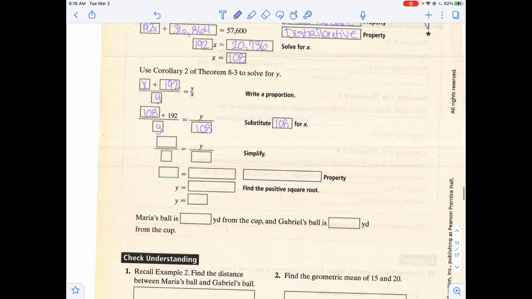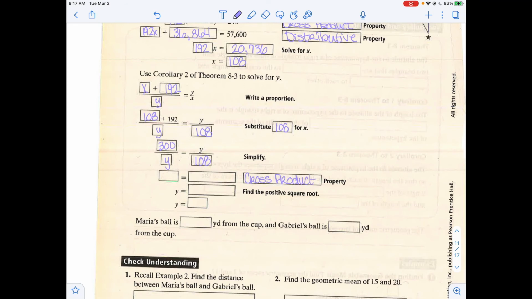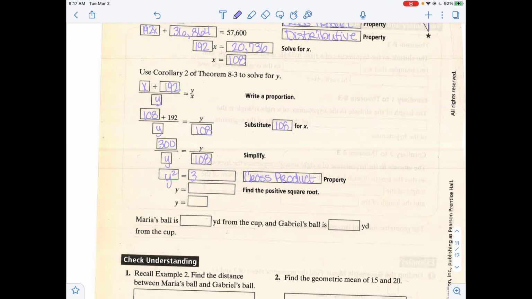So then we need to simplify so that we can add 108 plus 192 and we get 300. It's still over y, and this one is still over 108. Then we can use our cross product property to multiply, so we'd have y times y, which is y squared, and 300 times 108, which is 32,400.